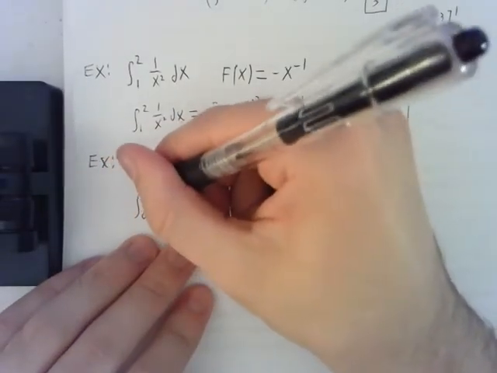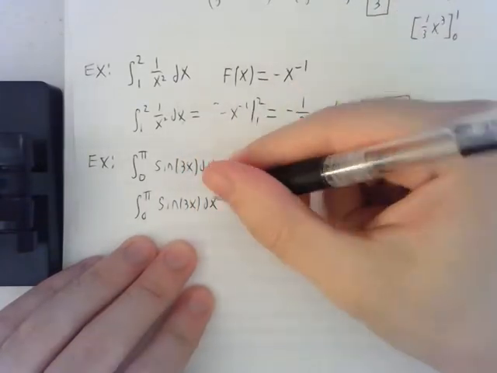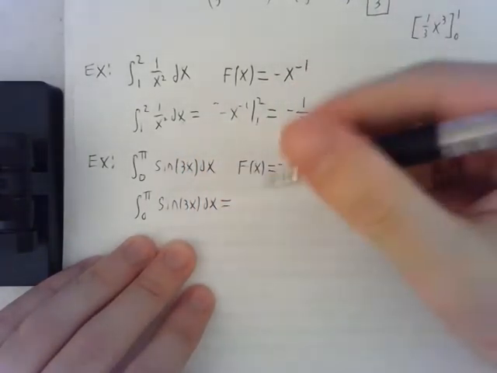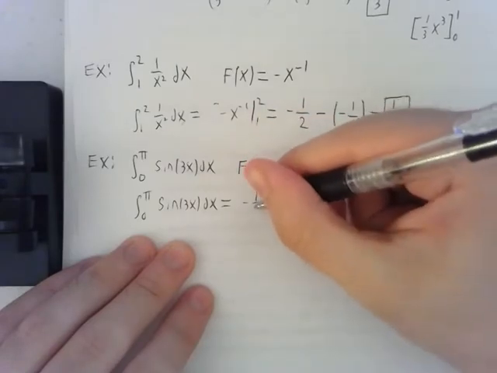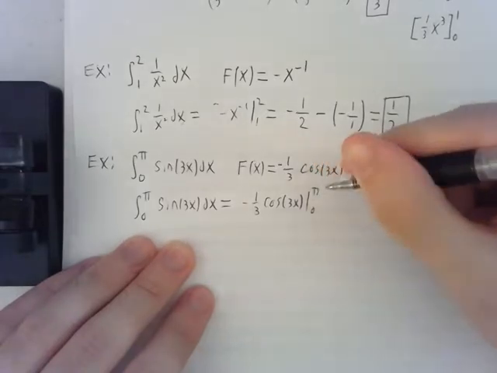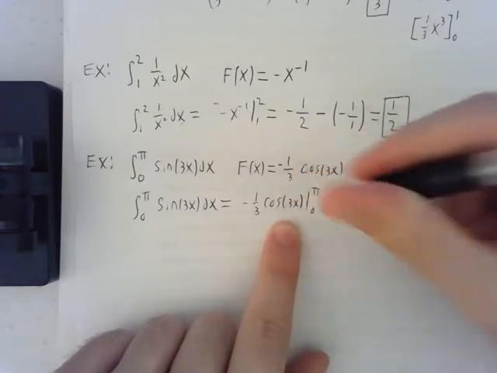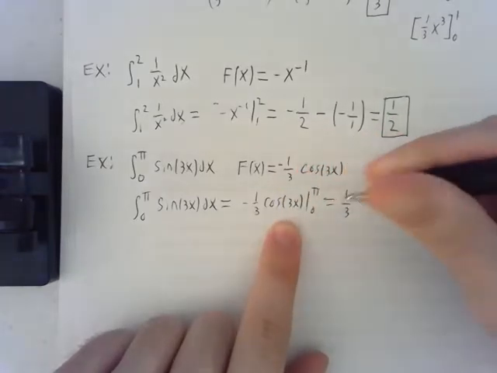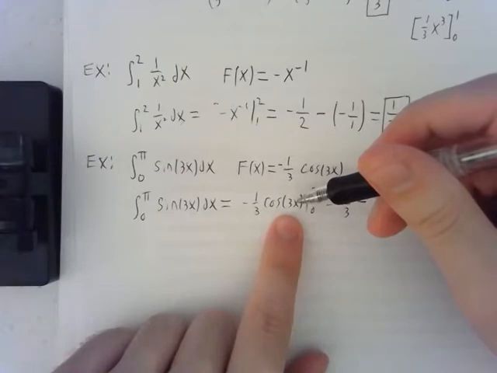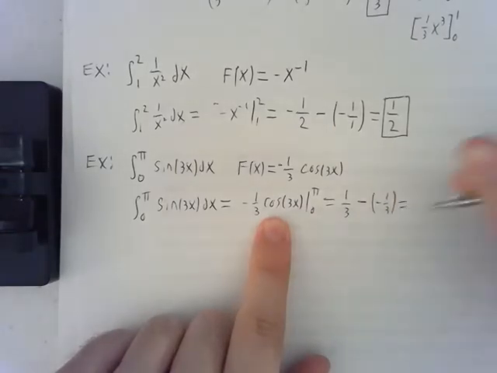So therefore, the integral from 0 to pi of sine of 3x dx is just going to be equal to negative 1/3 cosine 3x from 0 to pi. If we plug in pi, we'll get cosine of 3 pi, which is negative 1, so that becomes 1/3, minus cosine of 0 is 1, so that means it's negative 1/3. So overall, we'll get 2/3.